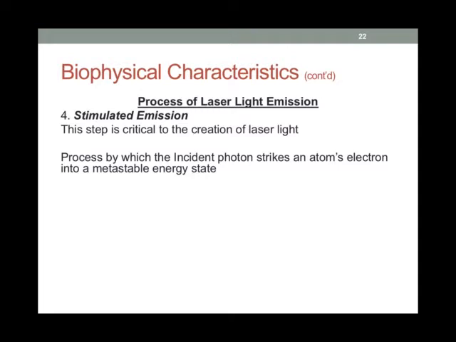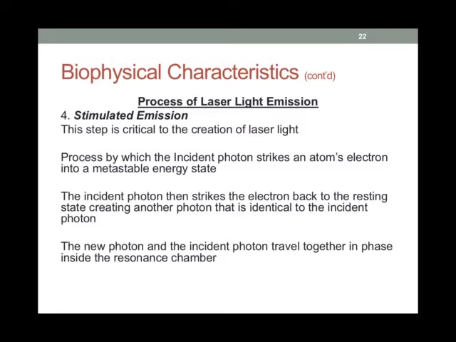Okay, so we have spontaneous emission, but now those photons that are being released when the electrons are dropping from their excited state to the ground state, we now call them incident photons, and what they're going to do is strike the electron of an atom that is still in its metastable energy state, or still in its excited state.